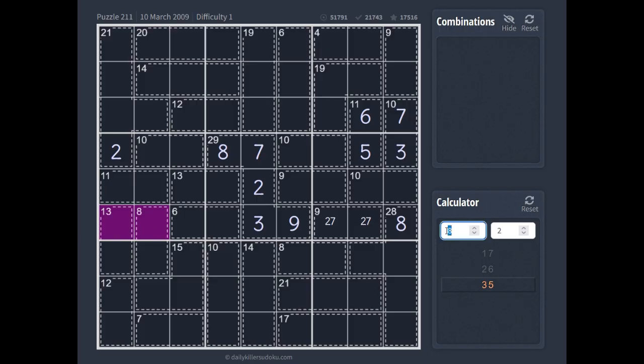Let's go back here to our calculator. Oh, that's right, I got rid of that. So what are the options? Well, the 9 option is out. The 2 option is out. The 2, 8 option is out.